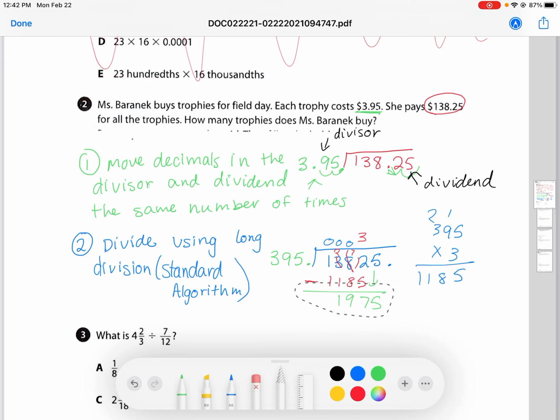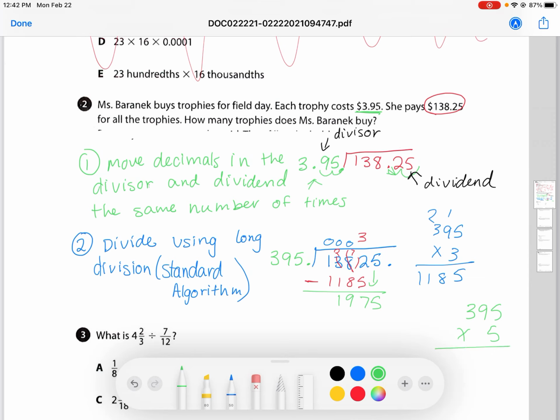So I have 400, 800, 1,200, 1,600, and then that would be 2,000. Well, 2,000 is pretty close to 1,975, so let's see what happens if we multiply 395 times 5. See what we get.